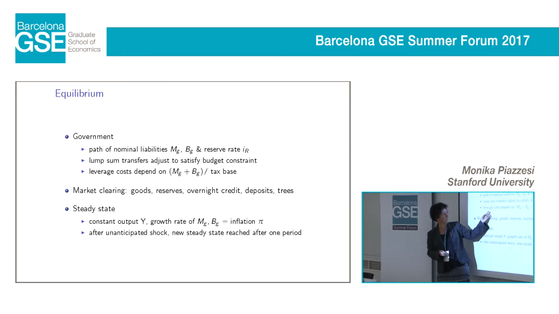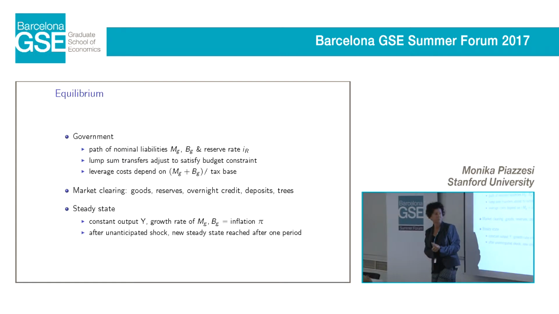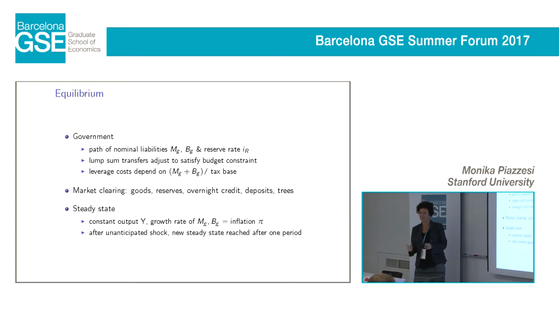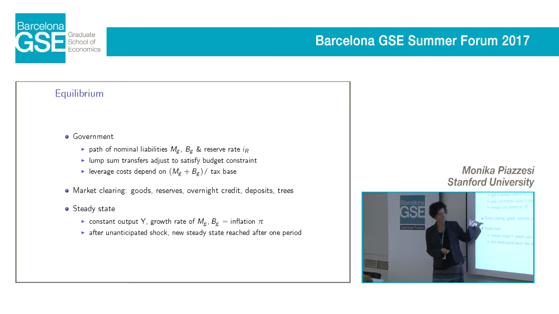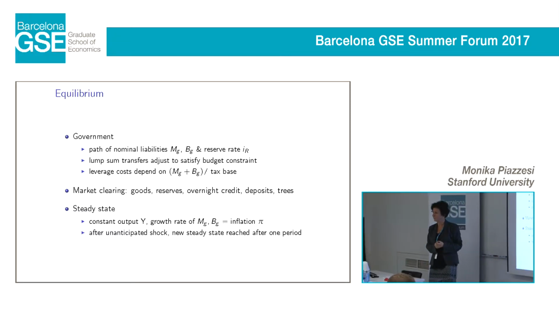It also faces a leverage cost that depends on the total amount of debt, which is reserves plus government bonds, relative to some tax base. Markets clear, so markets for goods, reserves, overnight credit, and all the other assets clear. What we're going to study is steady states of this model. So output is constant, and the growth rate of reserves and bonds will pin down inflation.